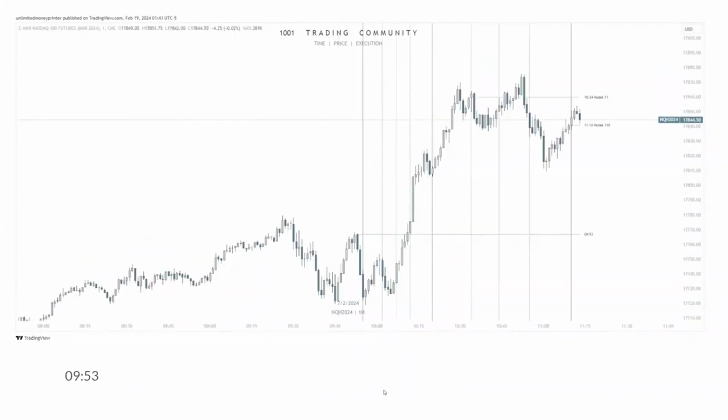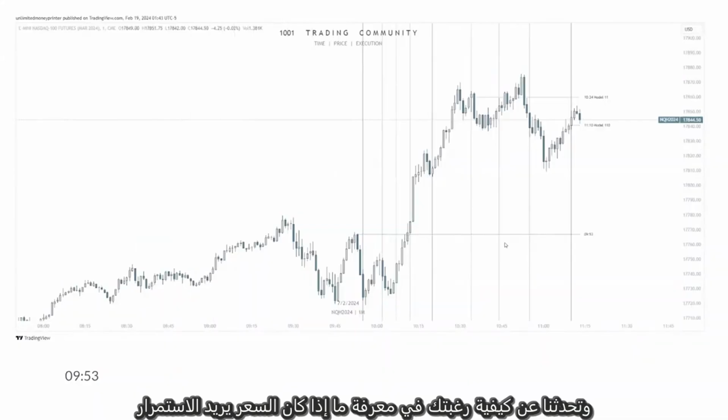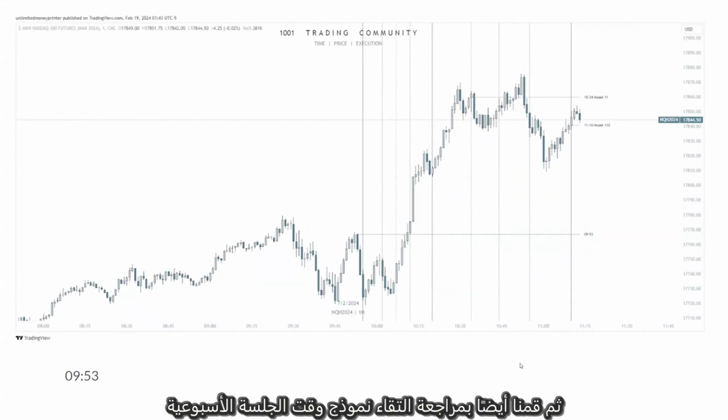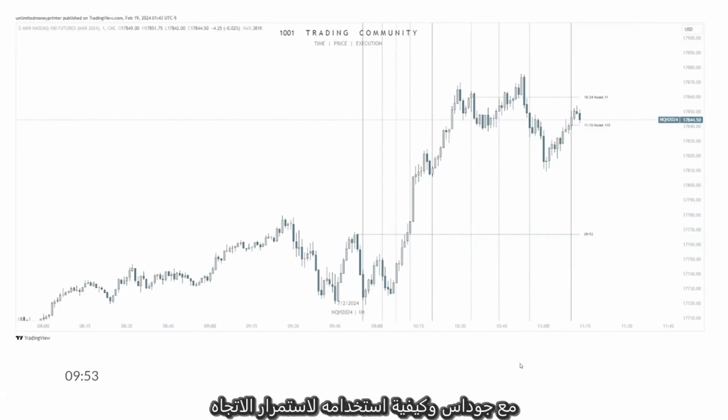Another example here. And we went over how you want to see, if price wants to continue, a body close above the 953. We then also went over the confluence of the weekly session time model with Judas and how to use that for trend continuation on the weekly time session models.